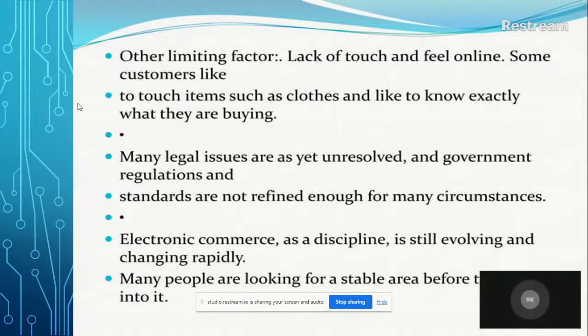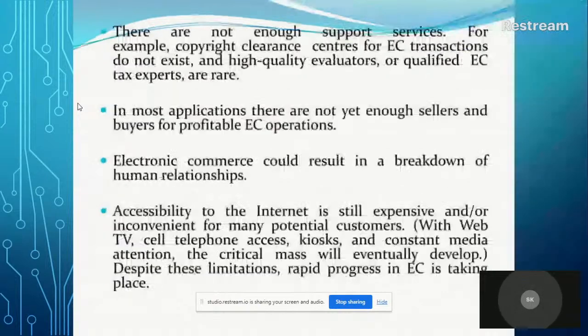Government regulations and standards are not refined for many circumstances. Electronic commerce as a discipline is still evolving and changing rapidly, and many people are looking for a stable area before they enter into it. In most applications, there are not yet enough sales and buyers for profitable operation.